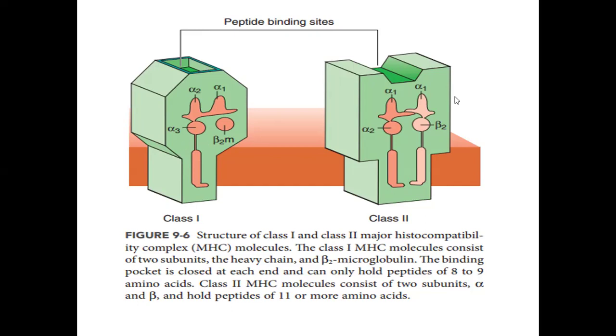And class second is a receptor present on the surface of antigen presenting cells. With these molecules, the antigen presenting cell shows a new antigen with its epitopes to T helper to induce adaptive immunity.